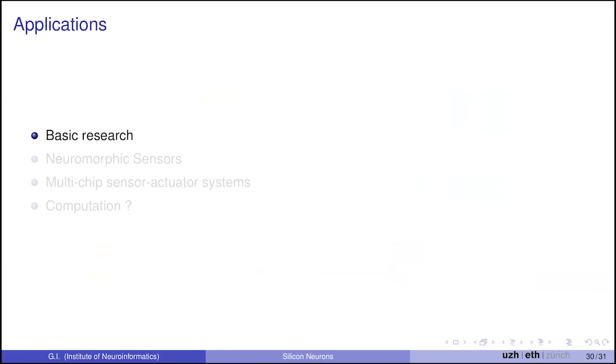But now I told you we can put synapses on chip, we can put neurons on chip, we can connect them together, and then we can use them to do basic research, like trying to understand why some configurations in biology are arranged like that, and then from engineering principles try to explain and justify them. One nice example was the positive feedback that was found necessary in the axon hillock circuit, which explained why you need positive feedback in biology.